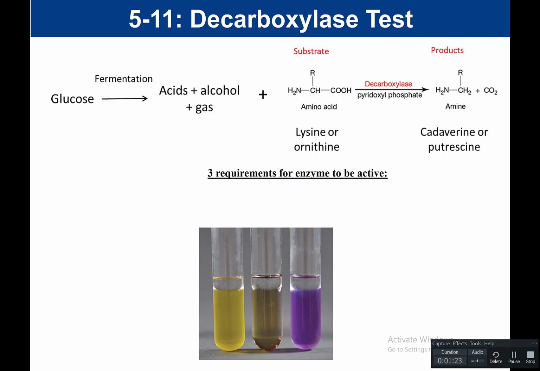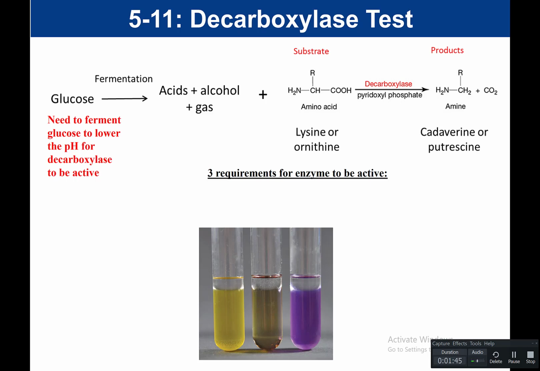So if we look at our reaction for the decarboxylase, in order for this reaction to even occur, bacteria need to ferment the glucose first. They need to ferment the glucose to lower the pH for the decarboxylase enzyme to be active.